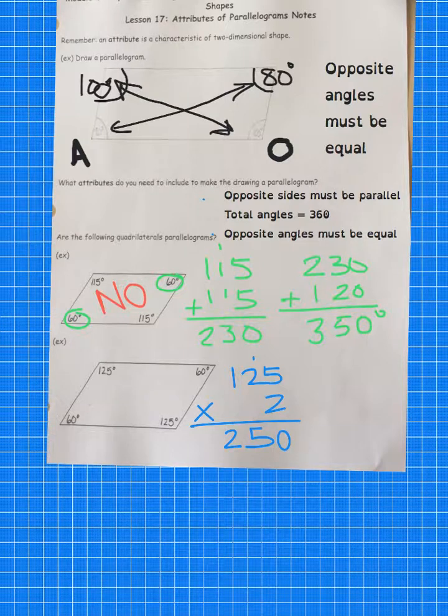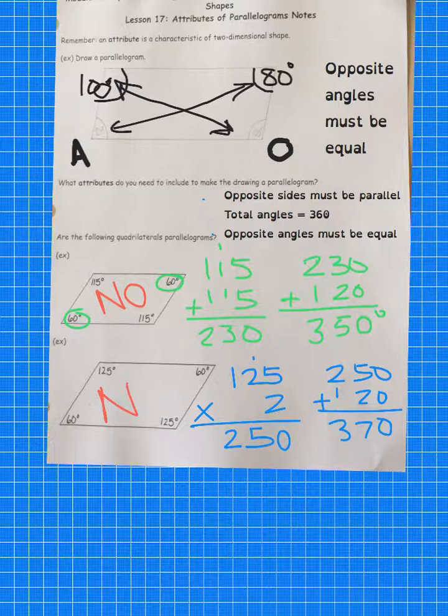And I already know that 60 plus 60 is 120, so let's do 250 plus 120 is going to equal 370. Does that equal 360? No. So again, I'm going to say even though this looks like a parallelogram, the answer is no. All right, hopefully you have all this down on your notes and snap it into your binders. You're going to move on to your problem set.